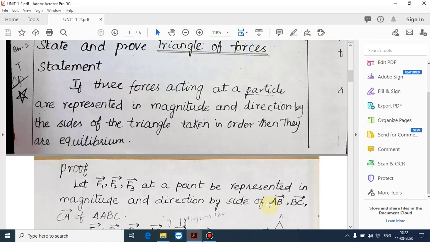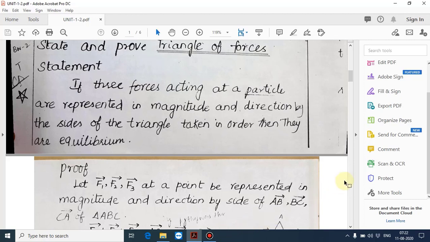We are taking AB as F1, BC as F2 and CA as F3. So F1, F2, F3 are represented in magnitude and direction by the sides AB, BC, CA of triangle ABC.